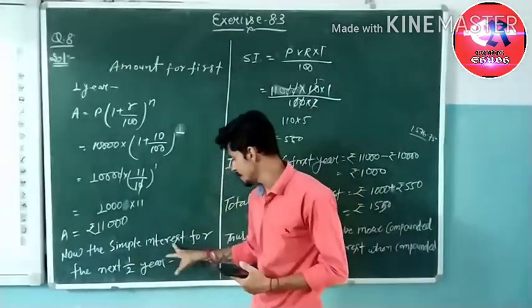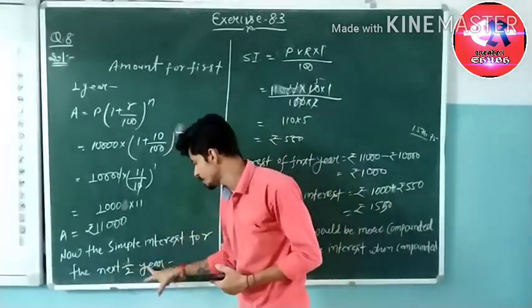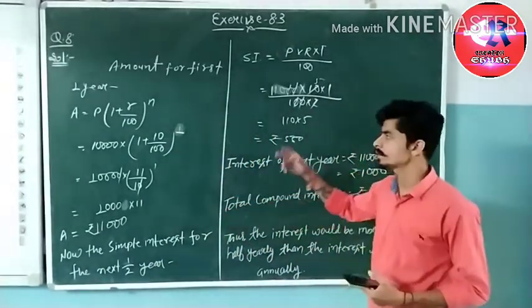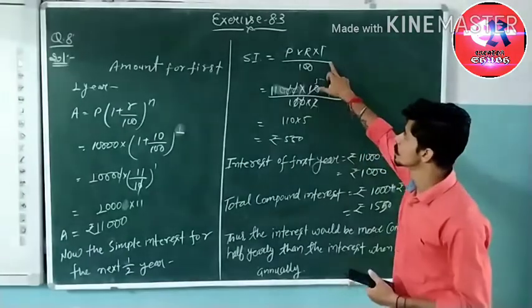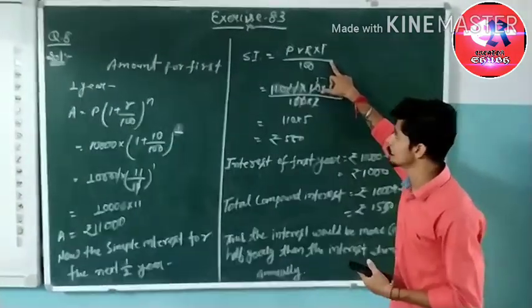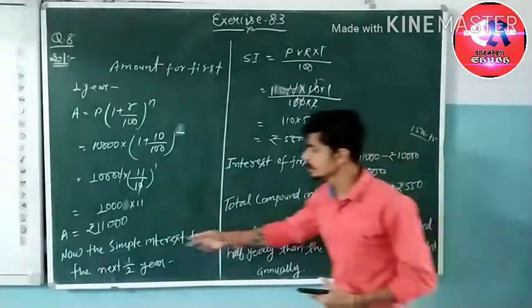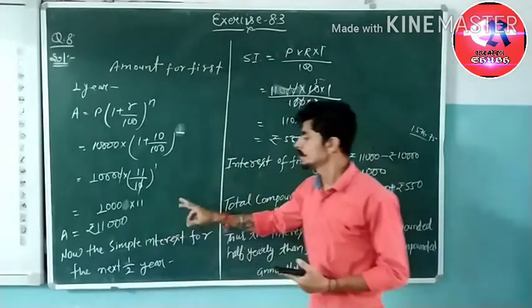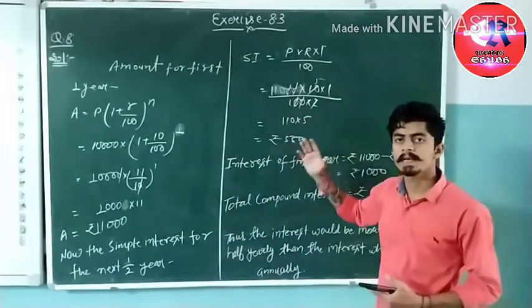Now the simple interest for the next 1/2 year. We found the amount first, now we find the simple interest by this formula for the next 1/2 year. This amount after 1 year becomes the principal for the next 1/2 year.